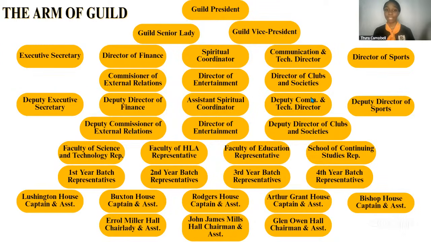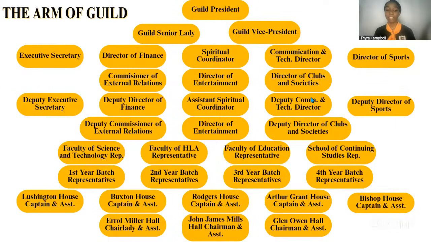We have 5 houses at the Mico, which you may know of, including Lushington, Buxton, Rogers, Arthur Grant, and Bishop, and each of these houses have a house captain as well as an assistant house captain. For those who will be residing on a house, you have someone who is able to represent you more directly.